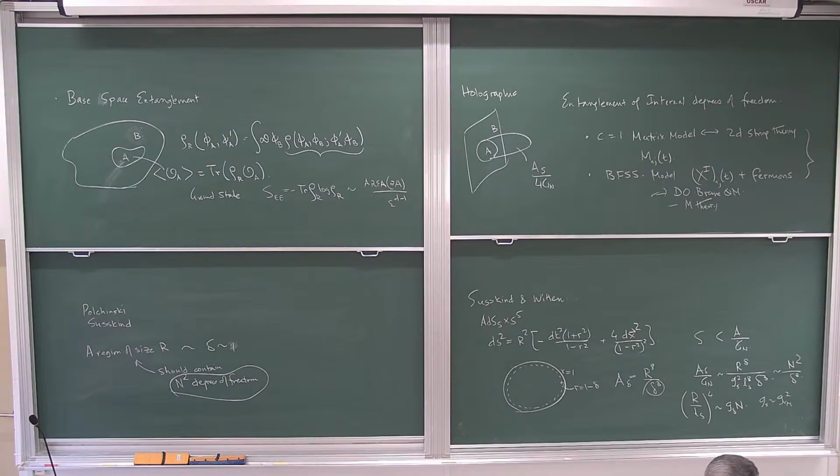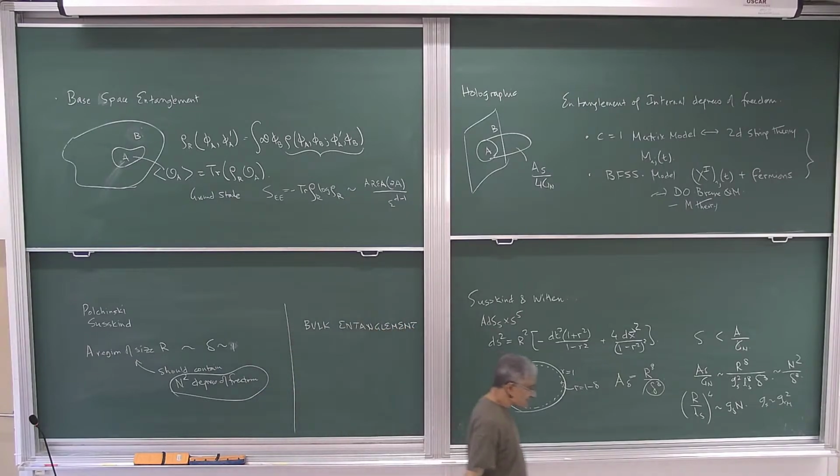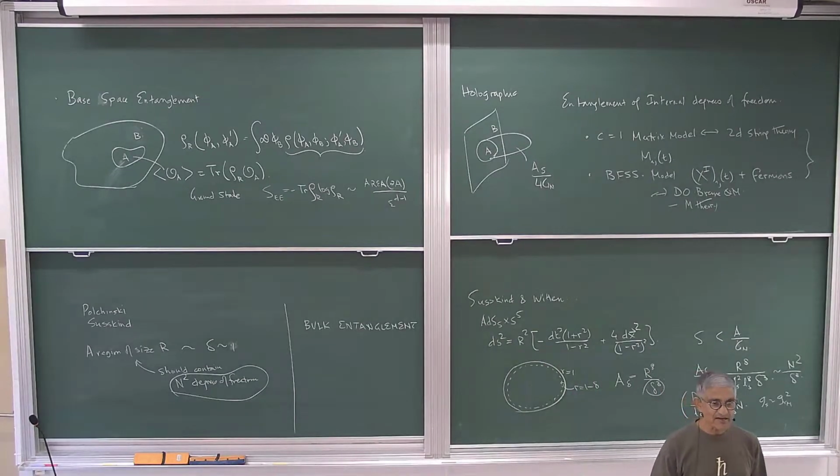Now, of course, in the theory of gravity, that's a very funny concept. So this has got to do with bulk entanglement. Because in the theory of gravity, where the metric is dynamical, you cannot just say that this is a region of space. It doesn't make any sense.